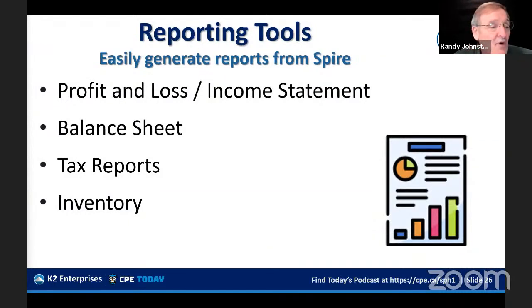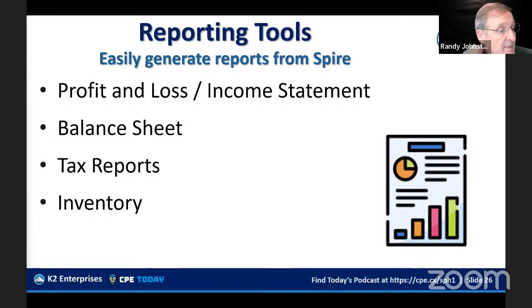Now, I have probably demonstrated a bit more in the reporting tools than maybe I should have otherwise done. But in Spire, you can see that there's easily generated reports in several different formats. We'll go back now and spend a little bit of time in profit and loss and income statement.